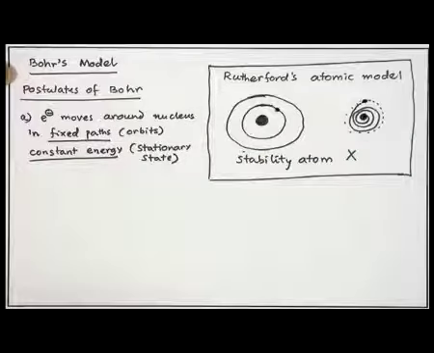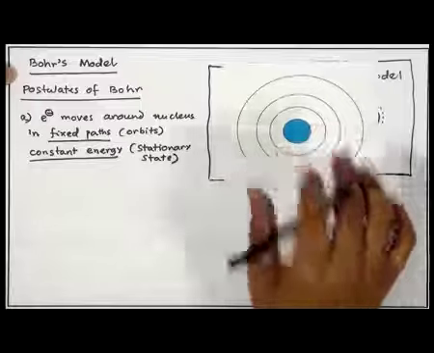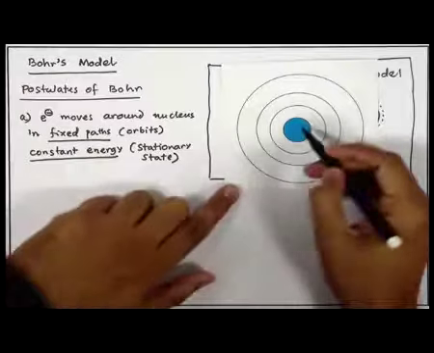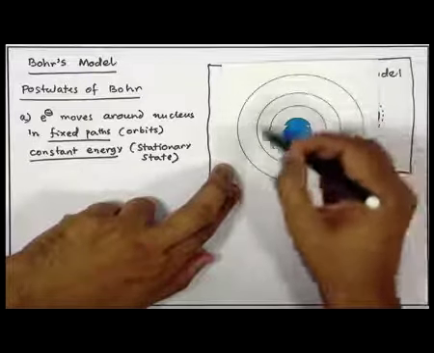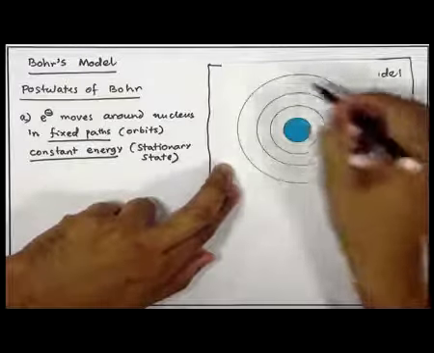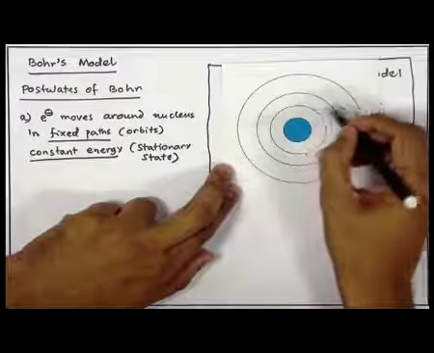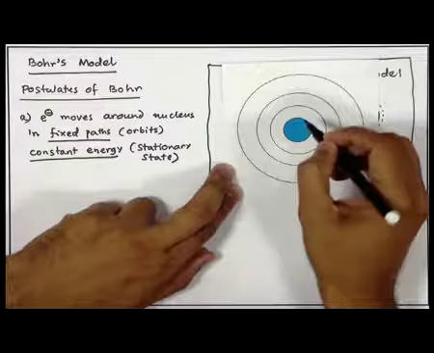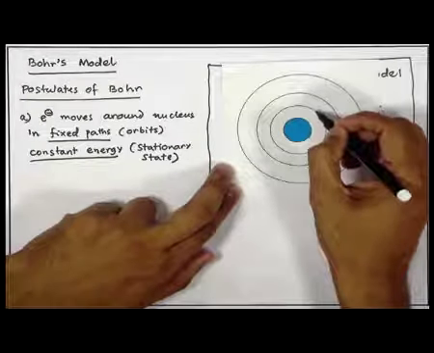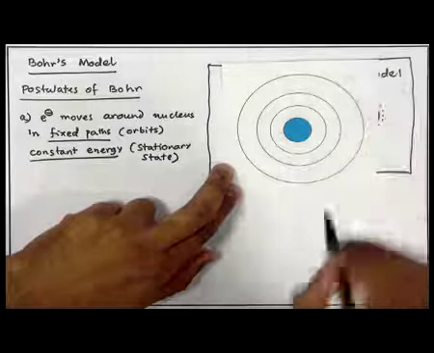So, what Niels Bohr has proposed is something like this. He said that the nucleus is at the center, and the electron goes around the nucleus in concentric circles. So, there you can see there are many concentric circles. These are fixed orbits, each orbit has a certain energy, and the electron can choose to stay in this orbit or this orbit or this orbit.